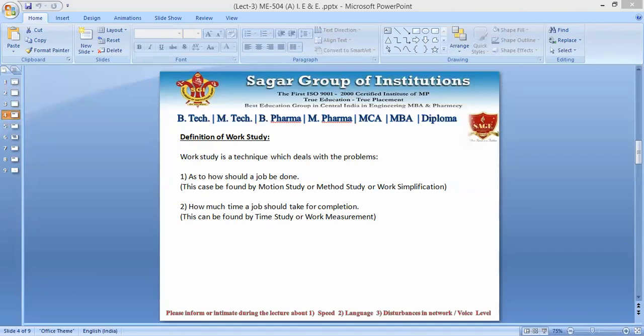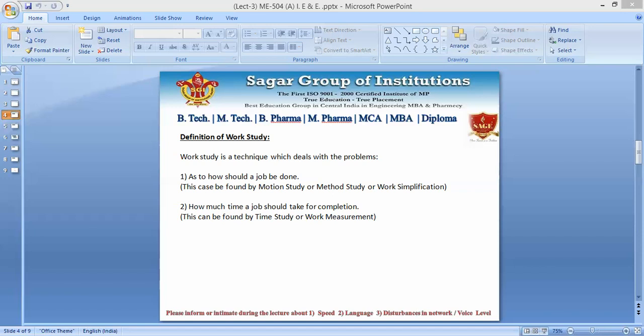So that work has to be analyzed by various methods and the equipment or the machinery through which we are going to perform that particular job. So in correlation with the operator's body movements with the machine interface, we need to analyze the work, because it helps in performing the job.